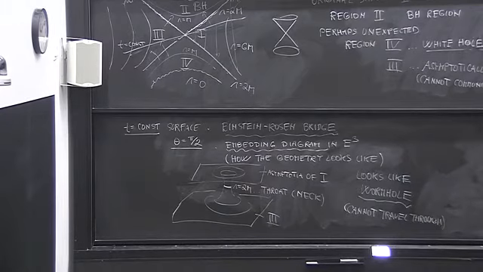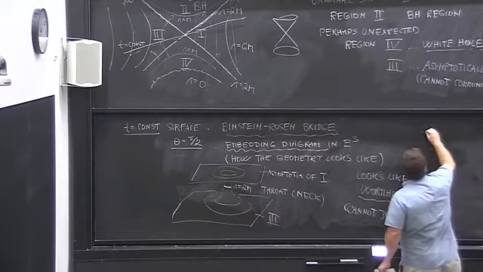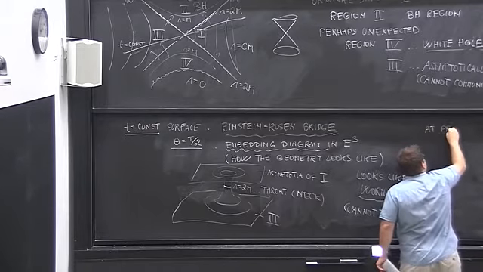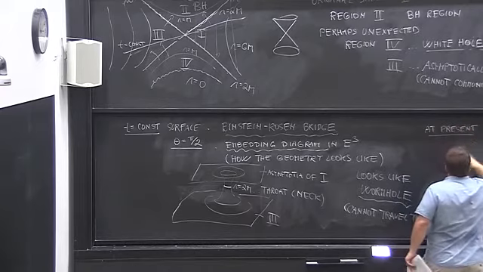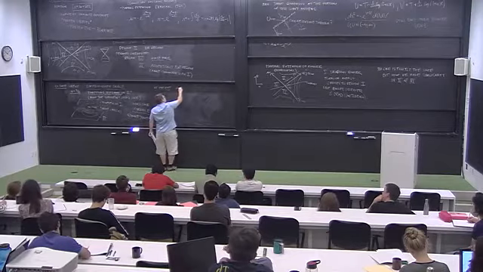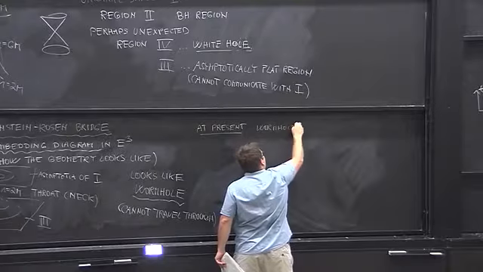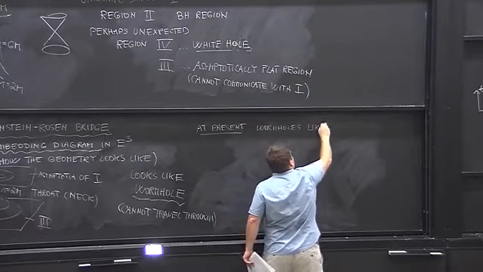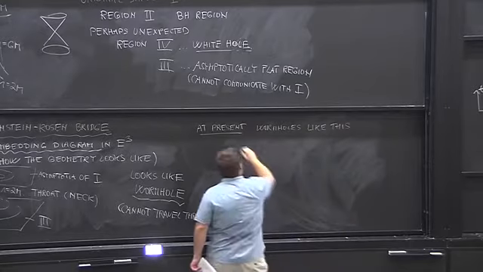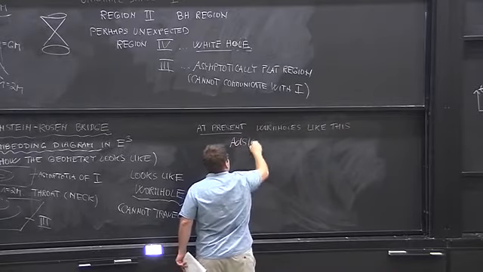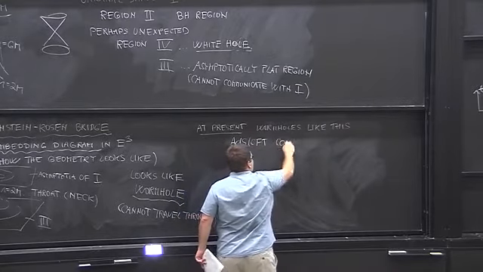So now you just add a cosmological constant to the black hole, so you will have Schwarzschild AdS, and then you can study the wormholes. So at present, such wormholes like this are interesting from the AdS/CFT correspondence.